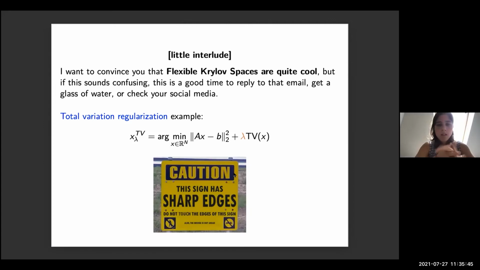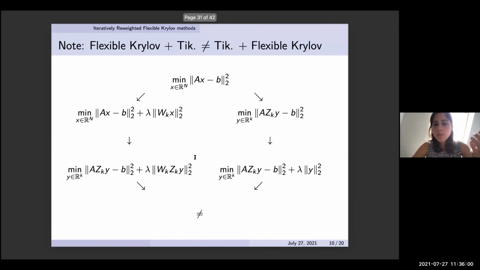So now let me give you an example, which is slightly different, but I just love these slides, so I'll try to put them in every time I can. I basically want to convince you that this idea of adding flexible Krylov spaces is important. You could tell me, why are you doing this projection? Why don't you just project in a normal Krylov subspace and then still add this regularization term here?